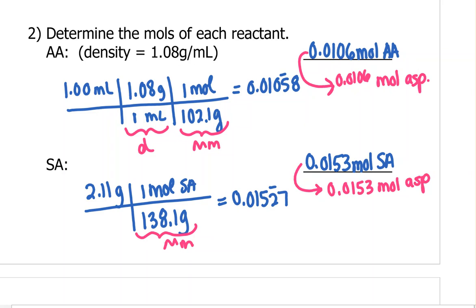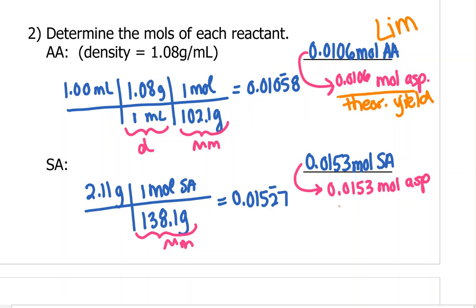Okay, so from that, what we normally do is we look at the one that makes the least product or predicts the least product. And we see that this one, the acetic anhydride, it must be the limiting. And this is going to be our theoretical yield in moles.